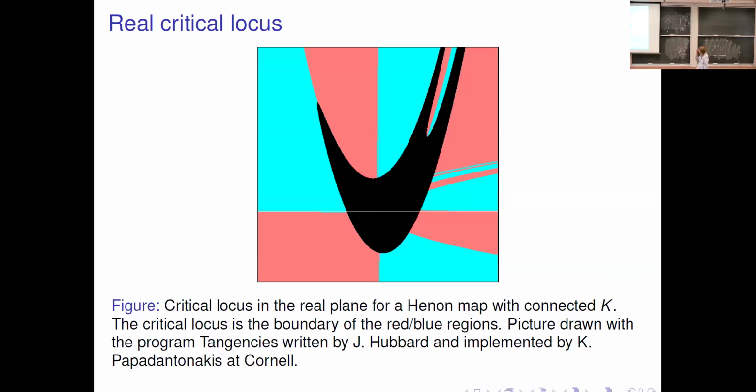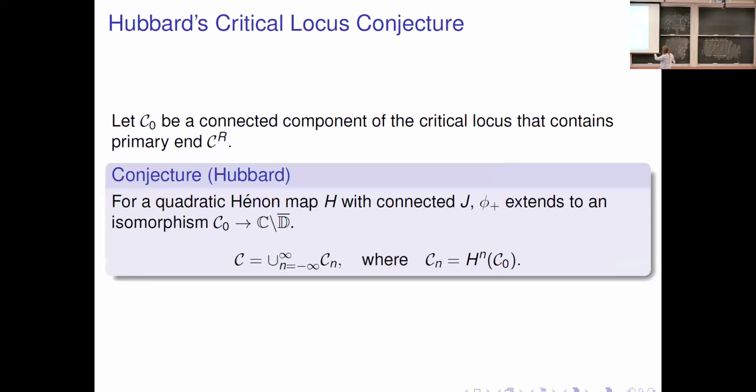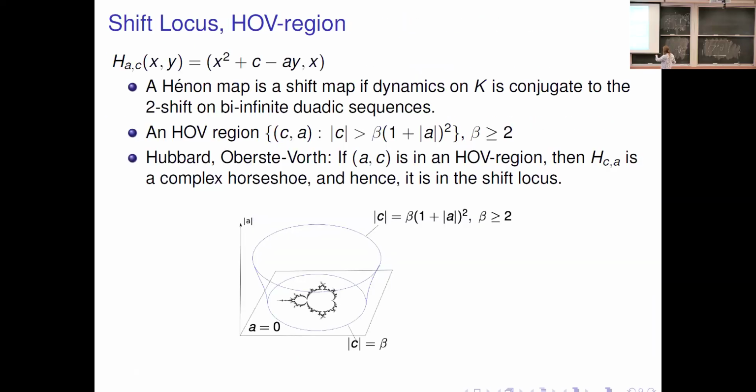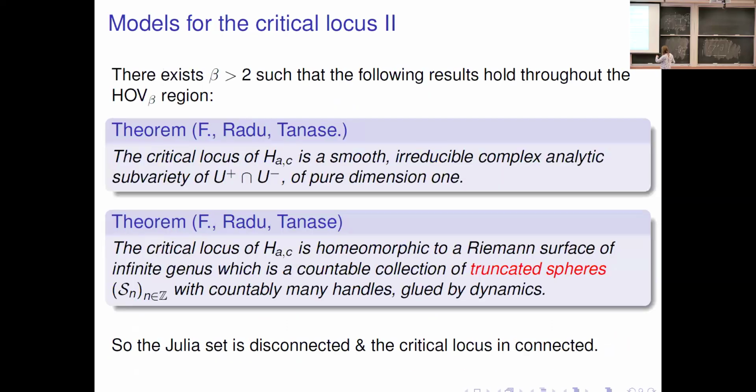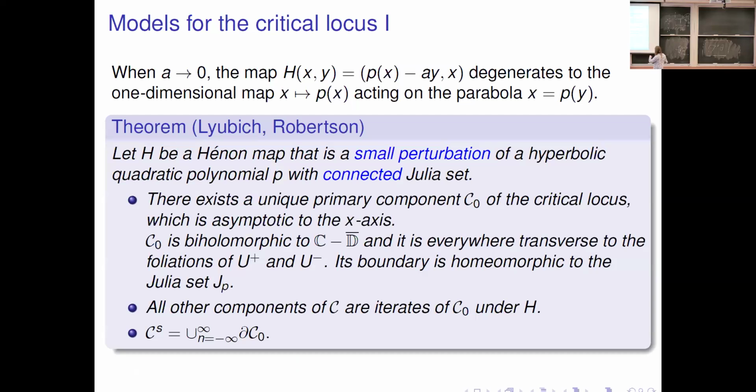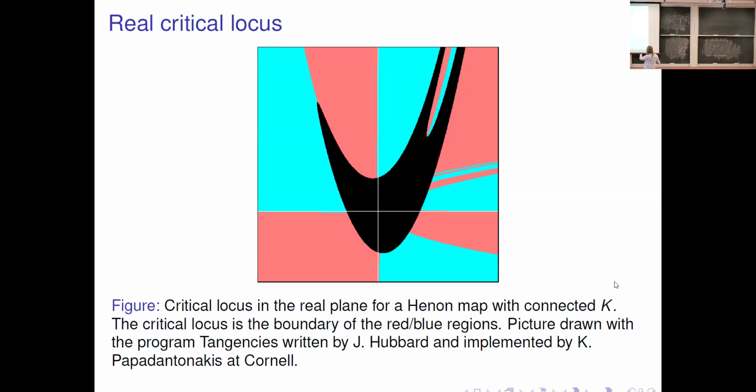So the critical locus is where the green turns to red. So this is the primary component. And then you can see, sorry, I'm going in the wrong direction. So this is its first pre-image, basically the y-axis.